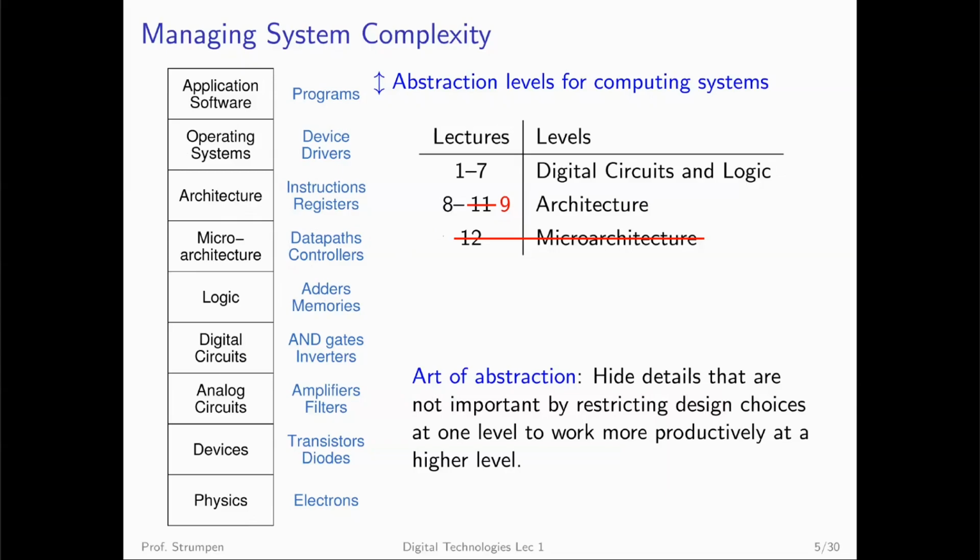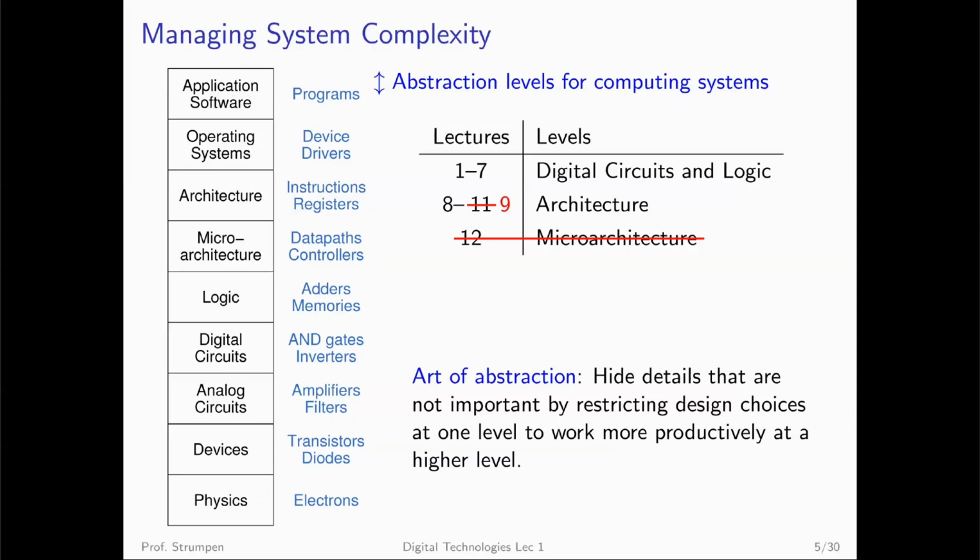For example, if you want to write an application program, the very top layer, and you would have to know how electrons move around across p-n junctions in transistors and memory cells to execute your program, you wouldn't be able to write significant programs.